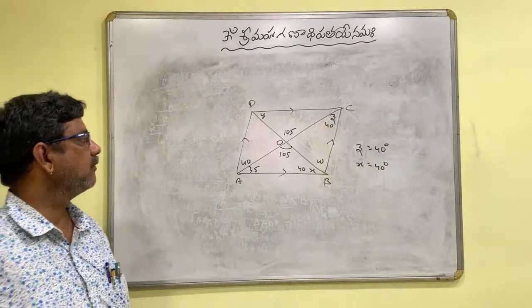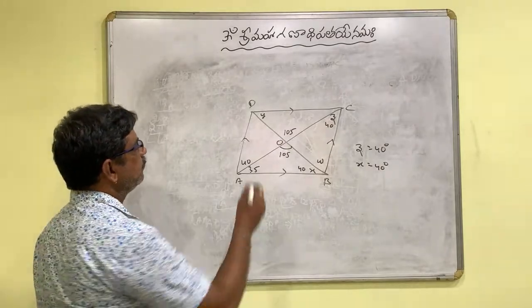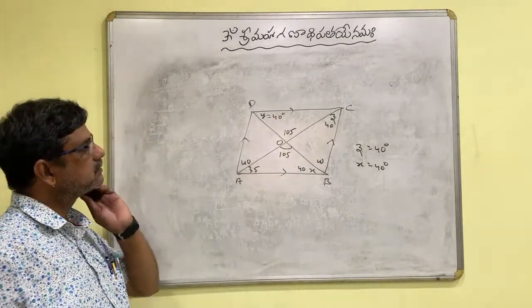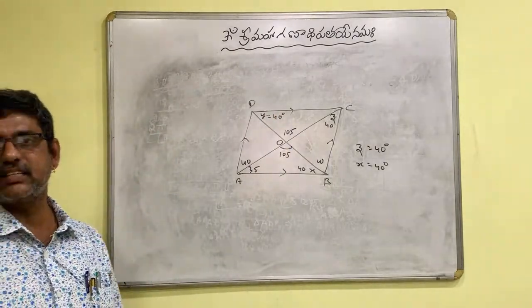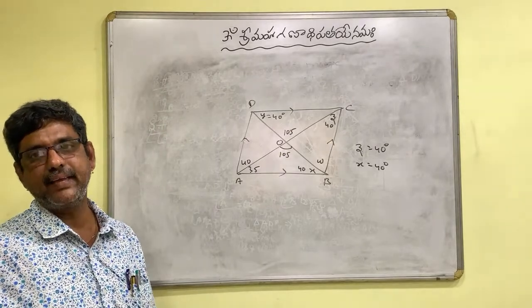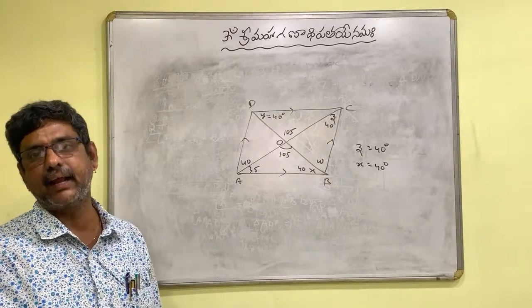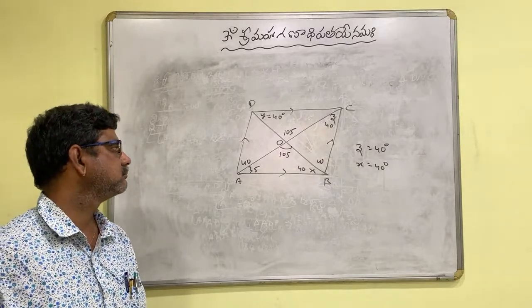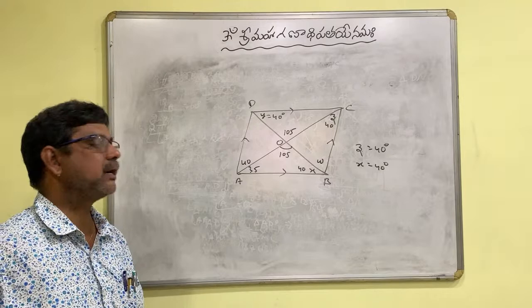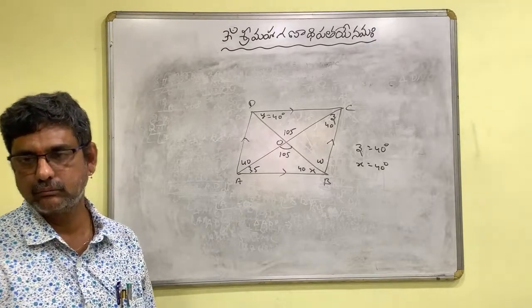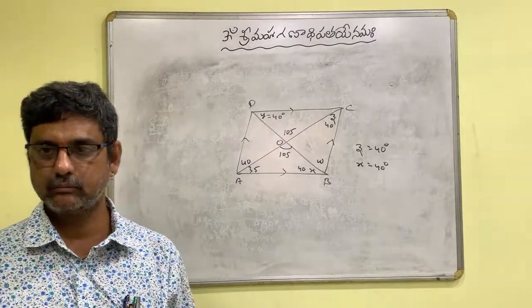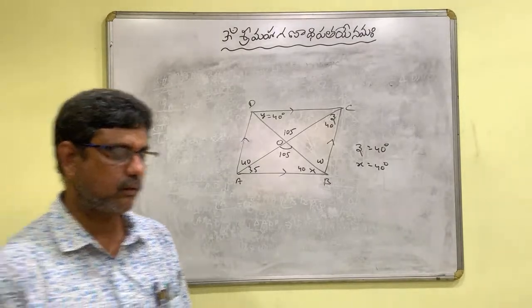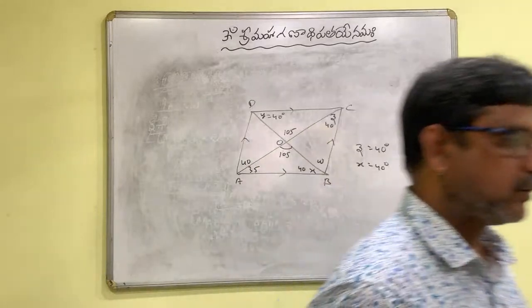Now, if X is 40, Y is also 40, by alternate interior angles. Now, what is W?